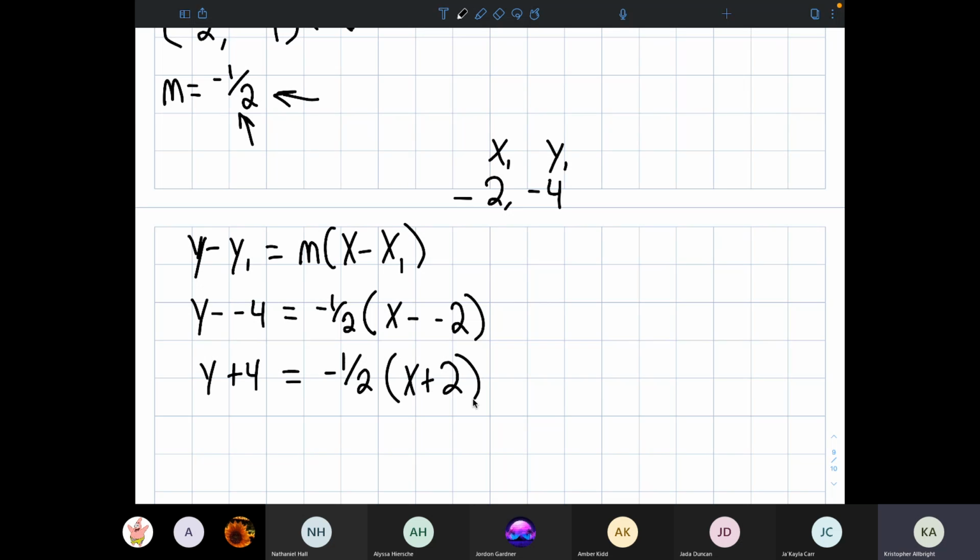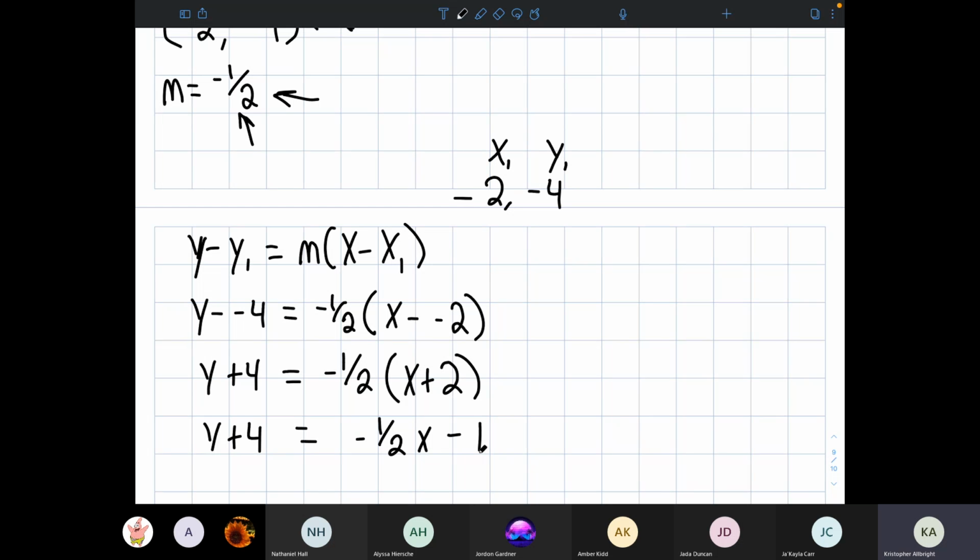Again, simplifying, we're going to leave this. Y plus 4 equals -1/2 x plus, minus 1. If you multiply with your calculator, -1/2 times 2, you are going to get -1.